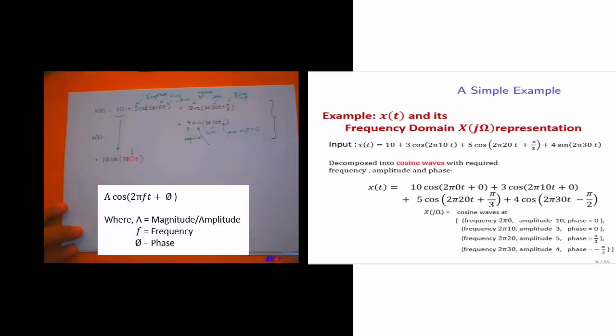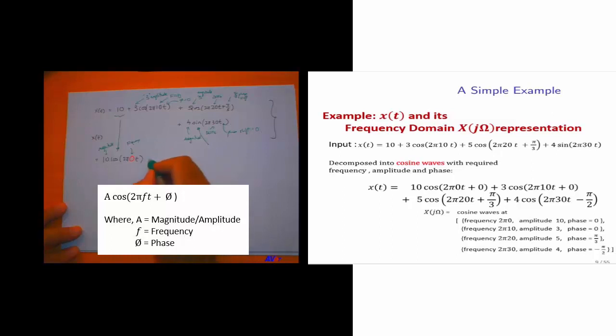We now realize how to change a DC term into a cosine representation. The magnitude remains the same, and the frequency is simply 0 because 2 pi 0t for all t remains 0, cosine of 0 is 1, so the constant remains.